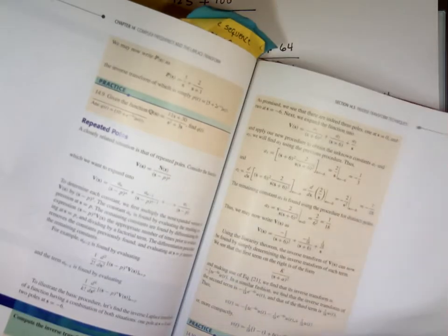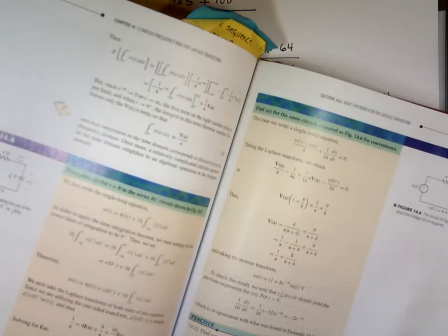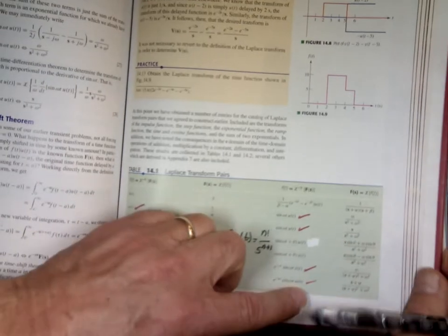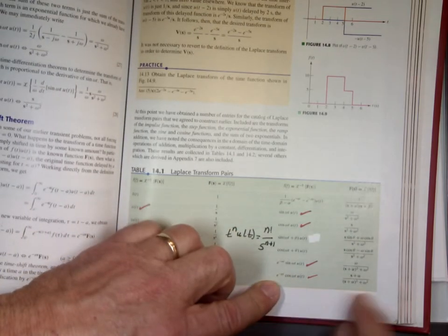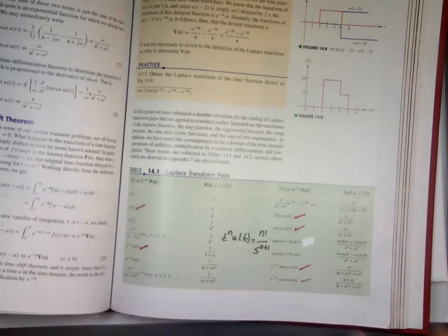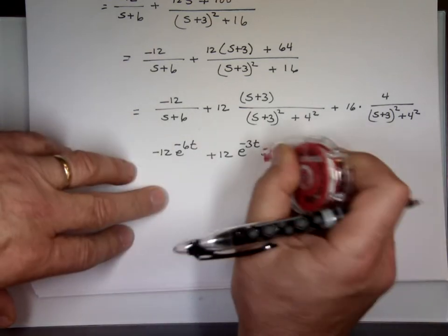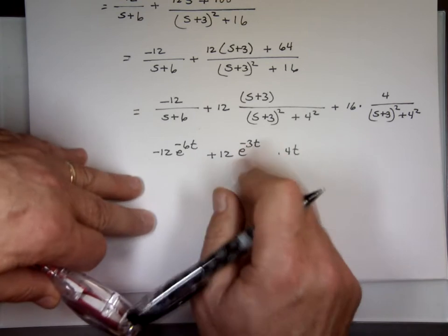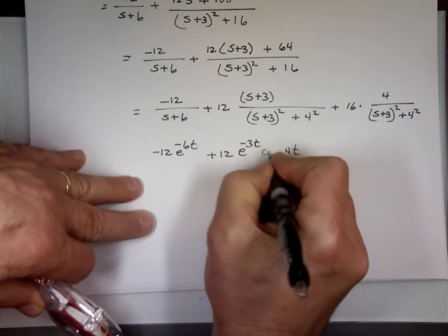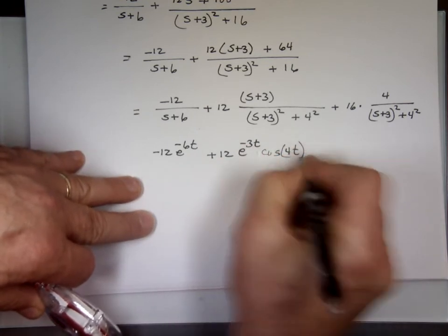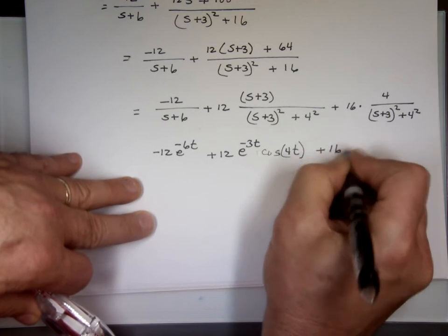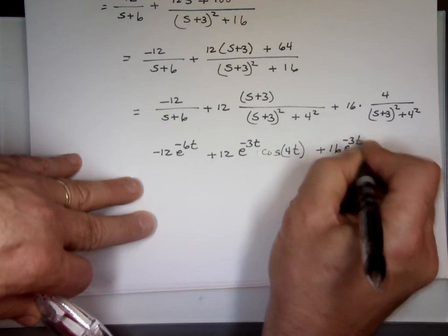If you have an s on top, it's a cosine. If you have no s, it's a sine. Oh, I wrote a sine here. I see what you're saying now. That's a cosine 4t, because you have the s there. And this will be 16 e to the minus 3t times the sine of 4t.